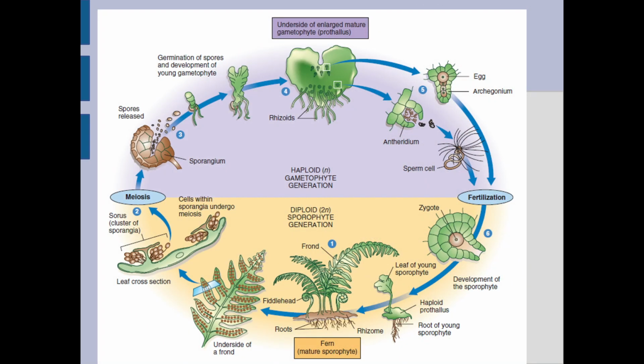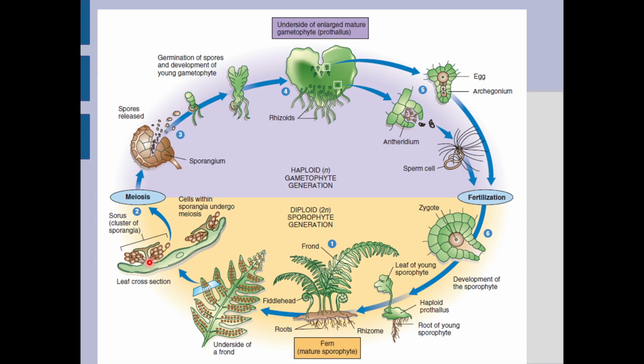So the life cycle of the fern starts with the sporophyte, and the sporophyte has special sori located under the underside of the frond, that is actually the main part of the body of the sporophyte.